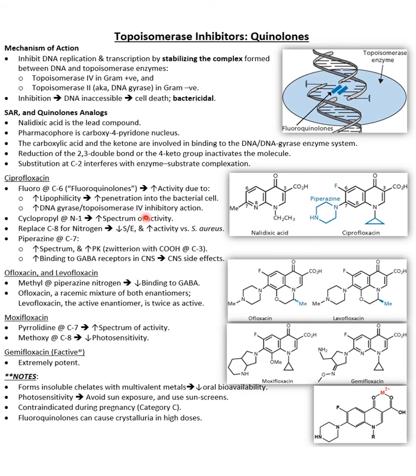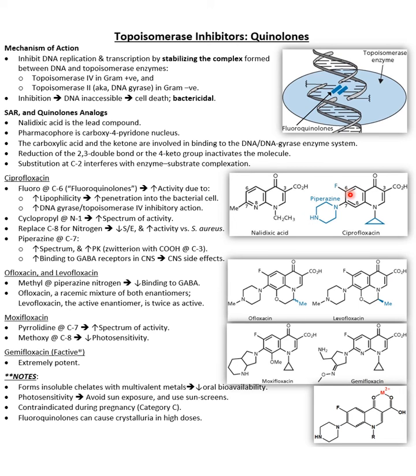Okay, and then an addition of a fluorine atom to position 6 here has increased the activity, and actually it is the reason why this class of medications is called fluoroquinolones, because all the newer generations have the fluorine atom at position 6.